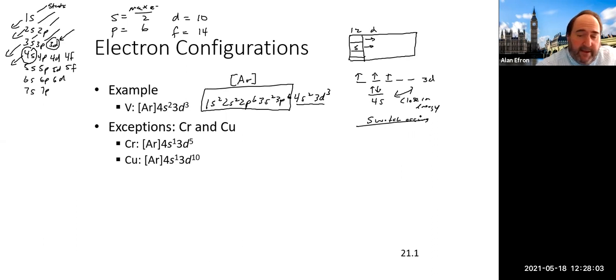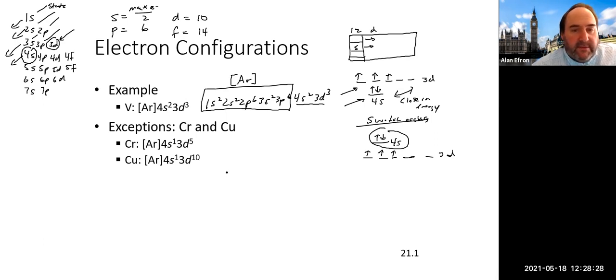What ends up happening after we start filling the d orbitals with electrons is that the 4s actually becomes higher in energy than the 3d. That's important because when they lose electrons, they will lose electrons out of the 4s first. But when they gain electrons, they go into the S first and then the D.